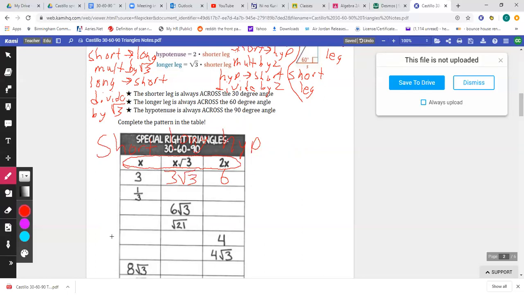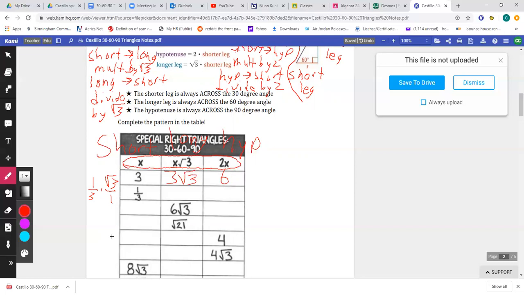So let's go to the next one, 1/3. So they give you the short leg. All you have to do to get the long leg is multiply by √3. So what is 1/3 times √3? Well, remember, if you multiply a fraction by a number that's not a fraction, you just put a 1 underneath, right?